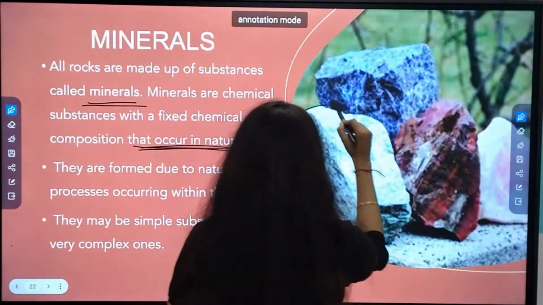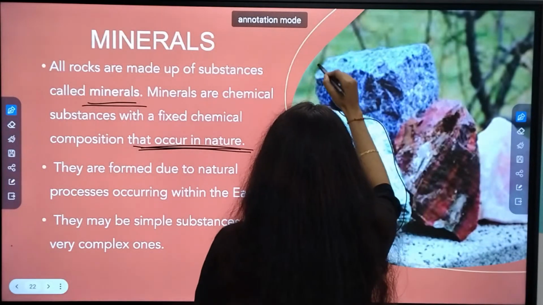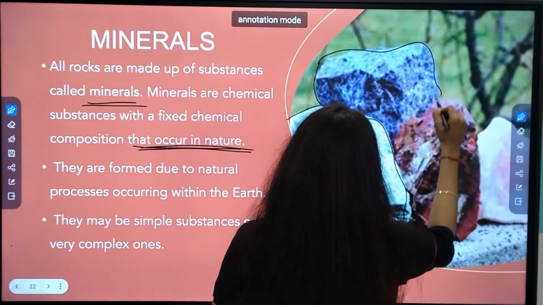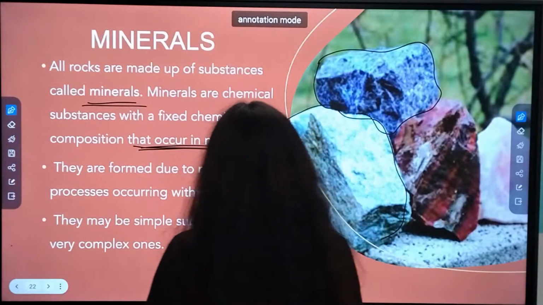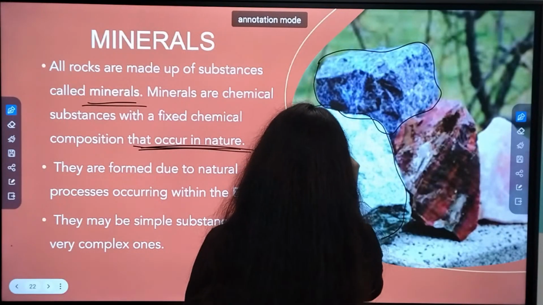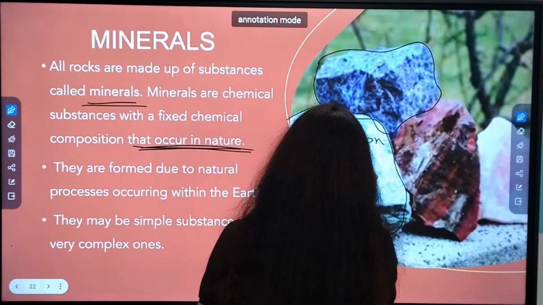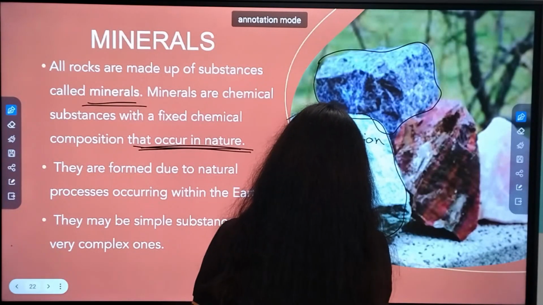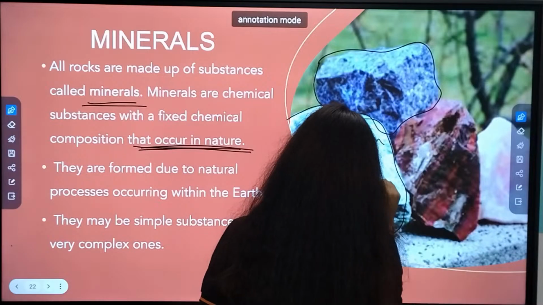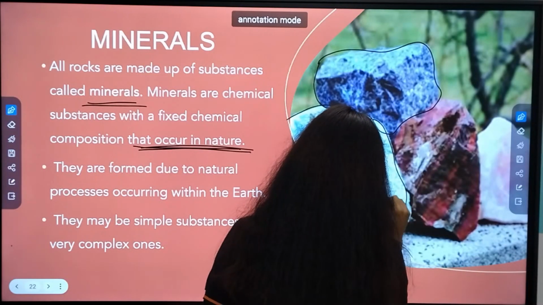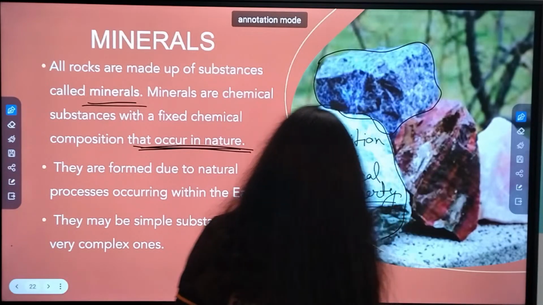Okay, every mineral is different from one another. How? Because of its composition or chemical property. Understood?